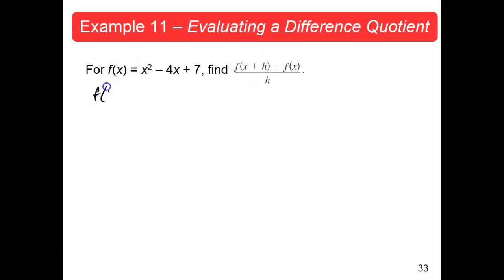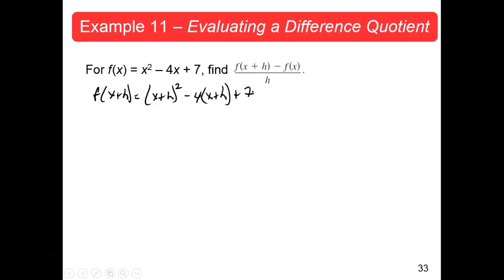So f of x plus h. What would that be? We did it earlier. x plus h squared minus 4 times x plus h plus 7.